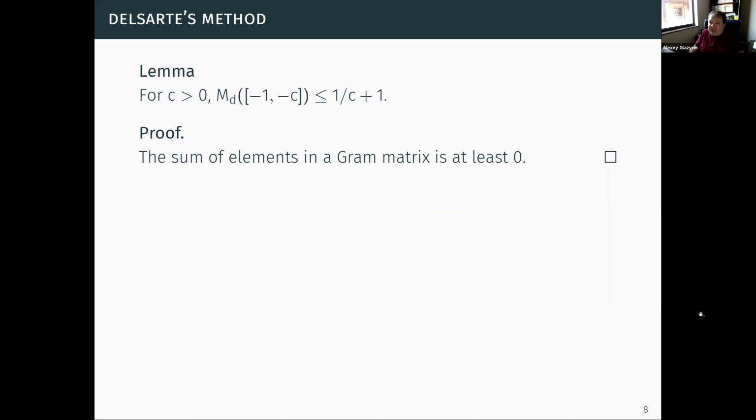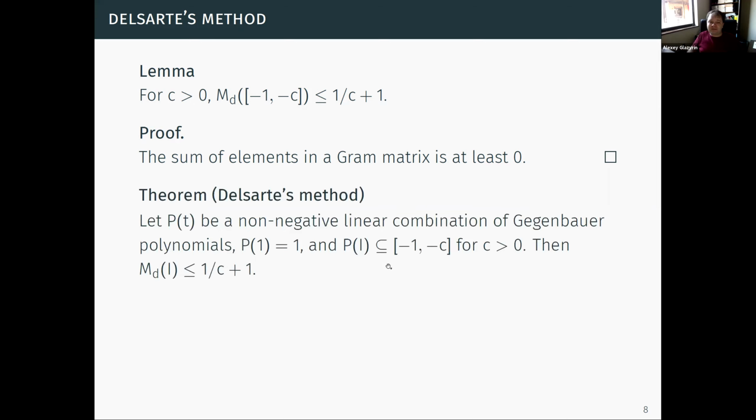And this essentially is the Delsarte method. So we have a non-negative linear combination of Gegenbauer polynomials. And if the values of these Gegenbauer polynomials at our set of restricted distances belong to this interval from -1 to -c, then the number of points is never greater than 1 over c plus 1.